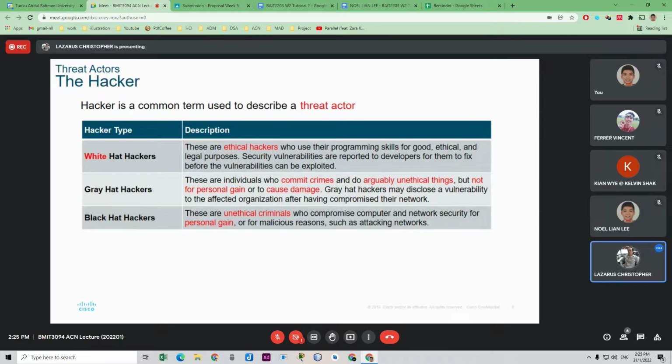Last time, the connotation of the word hacker was not negative. But now, due to the popularity from media and movies, hacker is used as a term to describe a threat actor.